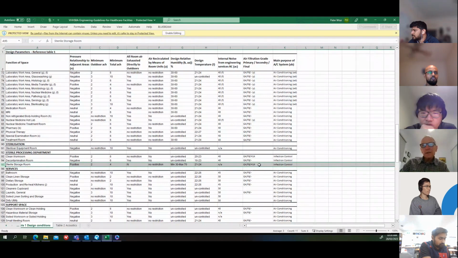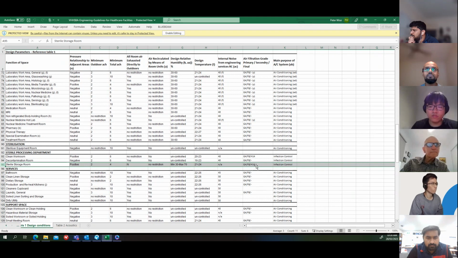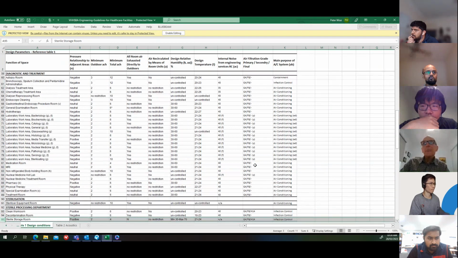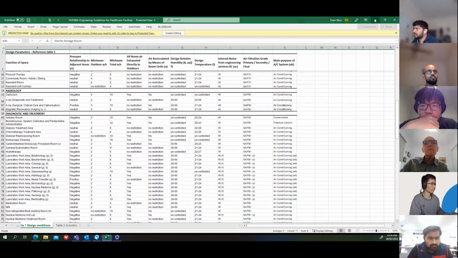What that means is in your air handling unit, you have a G4 panel filter, an F8 deep bed filter, and at the terminal, which is where the air comes into the room, at the grill on the ceiling, you need an H14, which is a HEPA filter. Operating theatres would be the same, similar sort of requirements. So that's a good one to refer to.